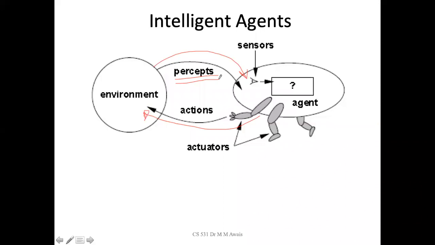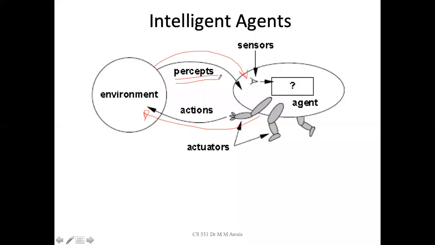You determine that, and then based on the percepts, some actions are identified, and those actions are then applied in the environment, and the agent performs those actions.